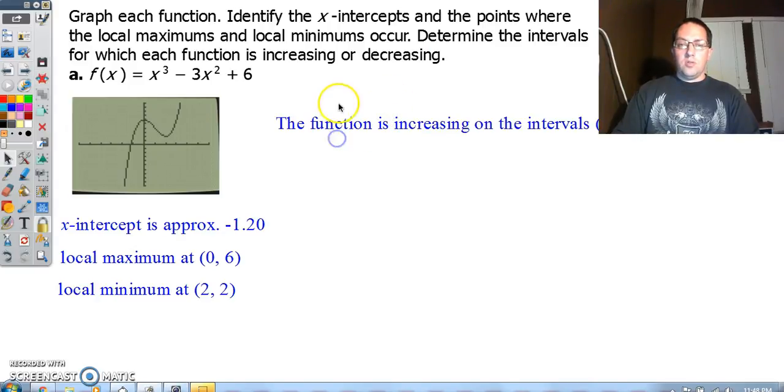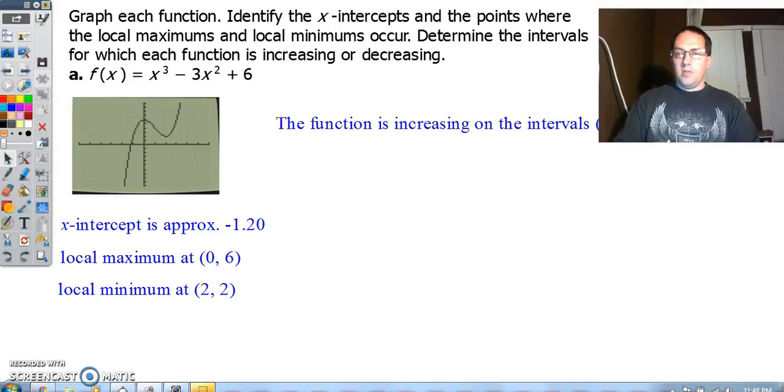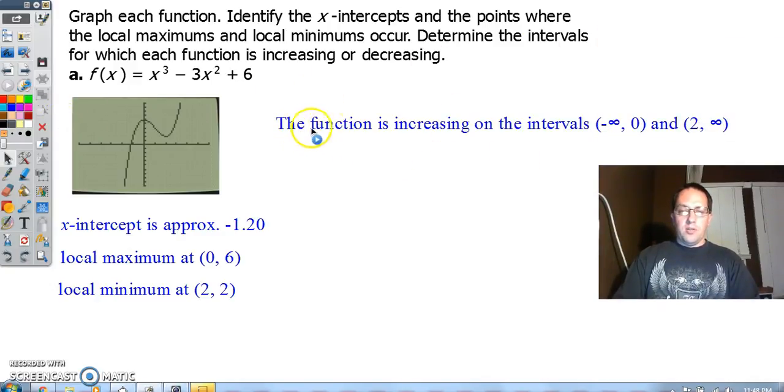So the function is increasing on the interval from negative infinity to 0, because it starts way over here and up to where x equals 0, and from 2 to positive infinity. So starting at positive 2 up to positive infinity, it's going to keep going up forever.